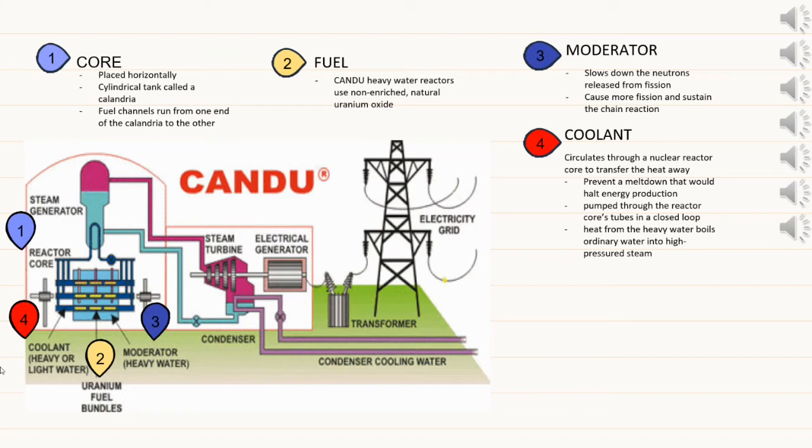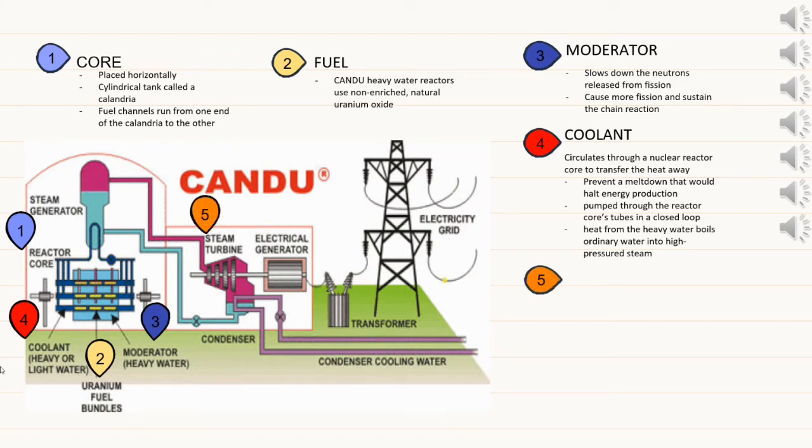And why? Because the heat will transfer first to the heavy water, and then the heavy water will go through a steam generator to produce steam from natural or common H2O, not heavy water.